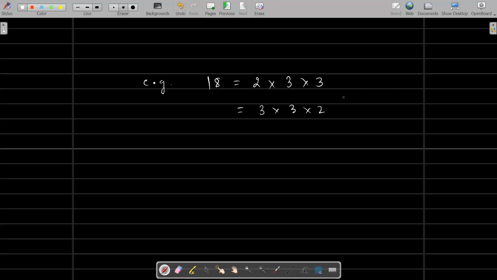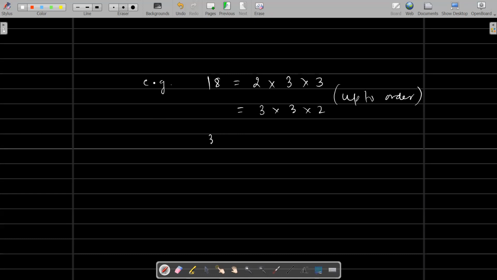So up to order, they are the same. I can change the order of those prime factors, but except that, essentially it's unique. So I can't write it as something like 7 into something, or 5 into something. Once the factors are 2, 3, they are going to be the factors.